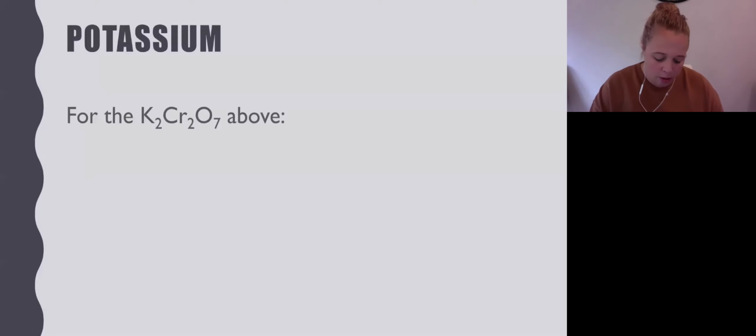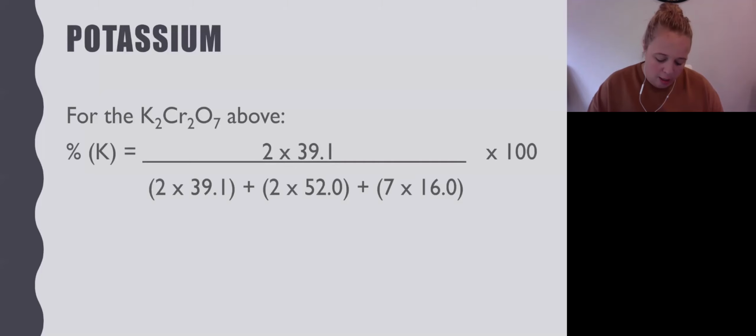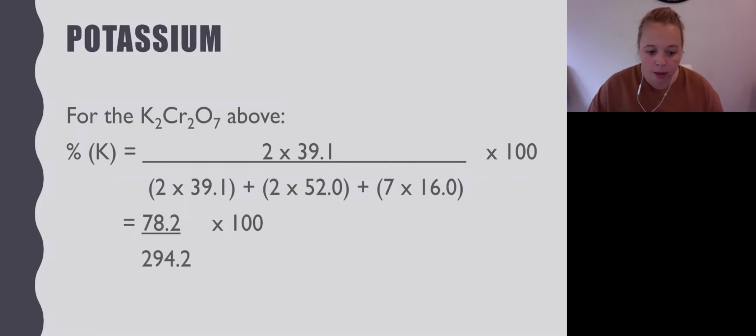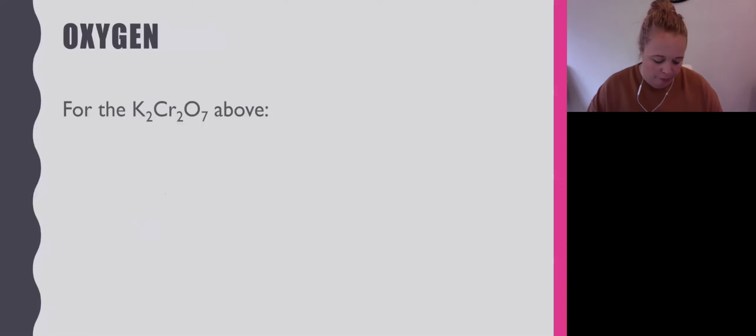Just working through that, you can see that here's the same thing. Add that in, and we end up with 26.6 this time. I'm not sure which one I rounded correctly. You'll be able to tell me that, I'm sure. Now we're going to do it again, but this time for oxygen.